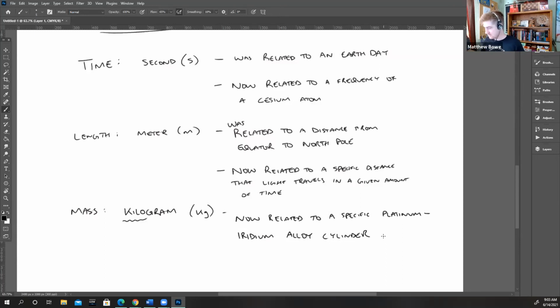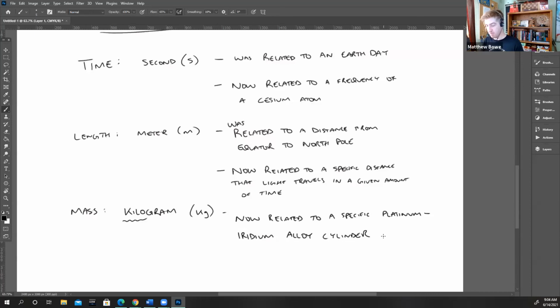And mass, you can think of it as how much stuff is crammed into this object. So how many atoms of platinum iridium are in this cylinder? There's 1 kilogram worth.